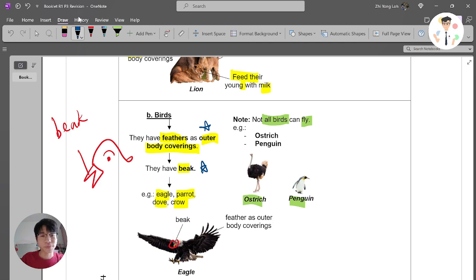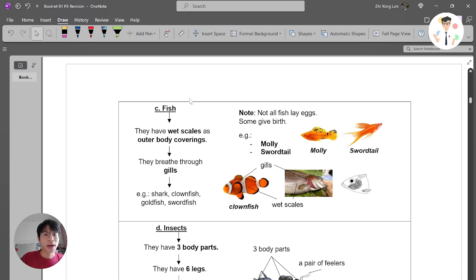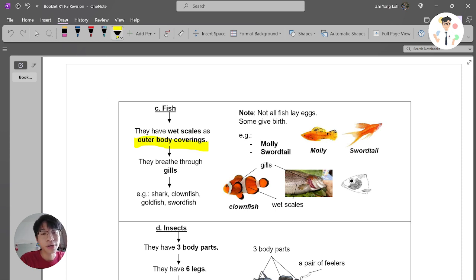Okay. Now the next thing we have here is fish, and again we know that they use outer body covering as their main classification. The outer body covering of fish is wet scales. So basically, fish have wet scales as the outer body covering.